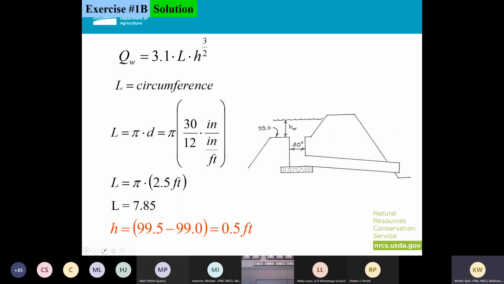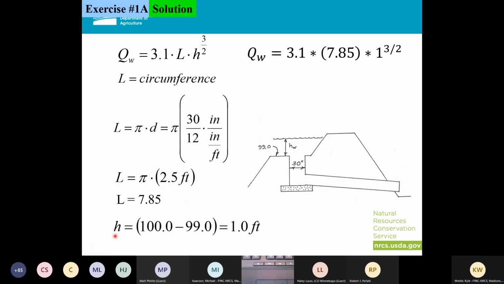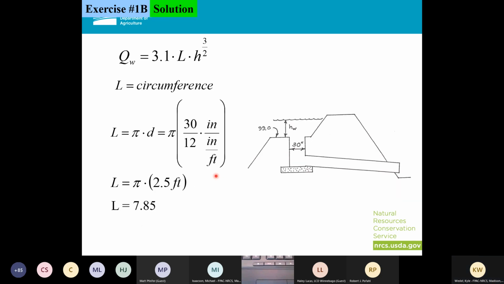So if I go back to my problems here, in this one, this head is 1 foot. So I'm in weir flow. And in this next one, I'm at half a foot, or 6 inches, so I'm still in weir flow. If I get above that 15-inch mark, that's when it turns into orifice flow. All right, thank you.